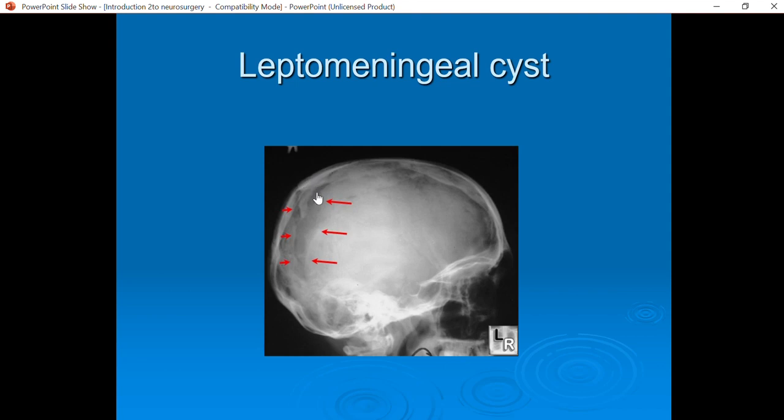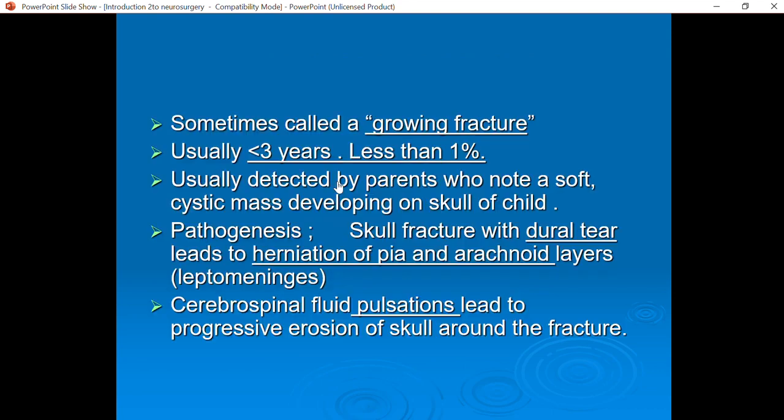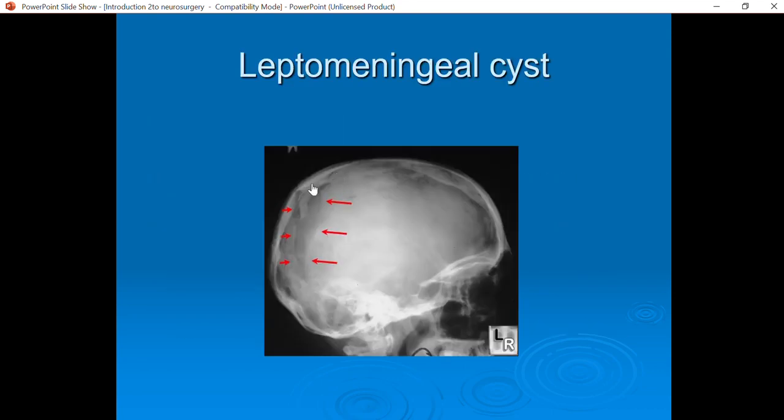Remember the slides, CSF or brain pulsation. In fact, because of the brain pulsations, it widens apart, and this is called leptomeningeal cyst or growing skull fracture. If it is detected very early, the treatment is simple, as we will see later on.